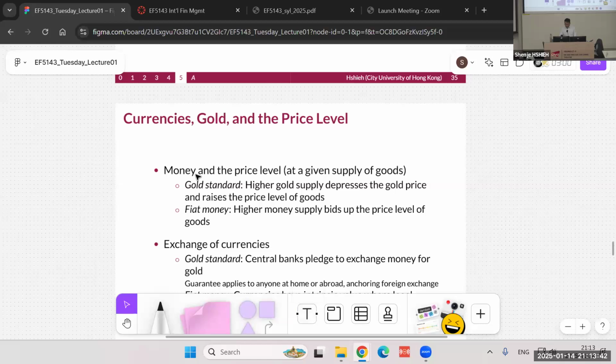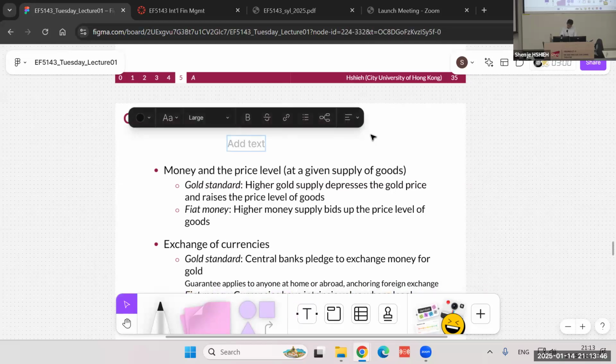Let me give you some numbers to work with. Suppose the price of apples in Hong Kong dollars is 10 per apple. That's the price of an apple, $10.